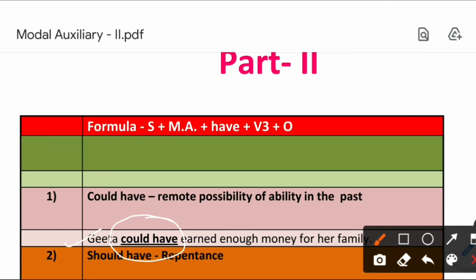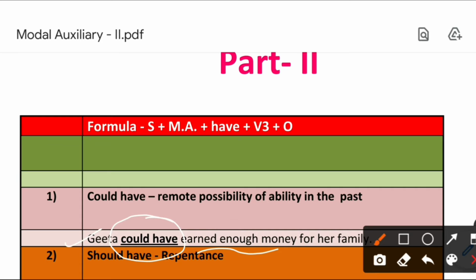That was her ability in the past also, and maybe in the present also, but she did not earn enough money for her family. Got it? That means though her capacity, her ability was there in the past, she didn't do that. That is the meaning of could have. So in this way you can make sentences on your own.